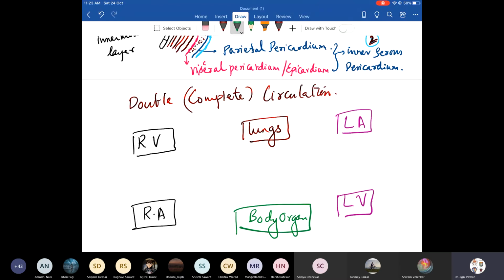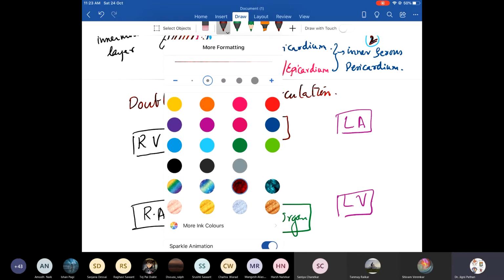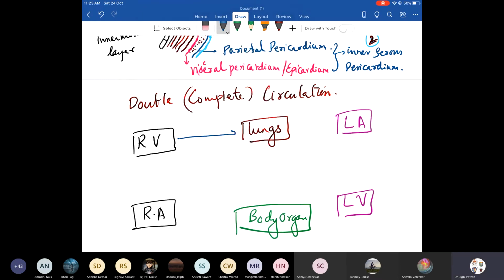Now you are going to help me out to fill this complete diagram. From the right ventricle, which blood moves to the lungs? Deoxygenated. Very good. Deoxygenated blood.